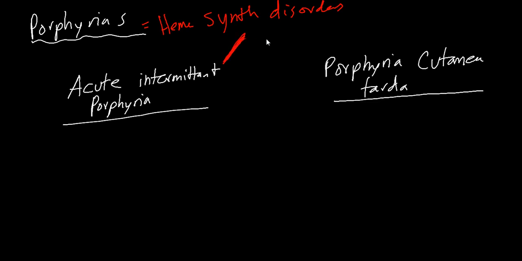And there's going to be 2 of them that we're going to talk about. These are the 2 main ones. These will show up in any questions regarding the heme pathway that you will encounter. So you have AIP, also known as acute intermittent porphyria, AIP. You also have PCT. Now PCT is going to be more common.